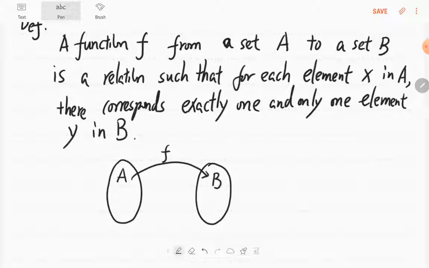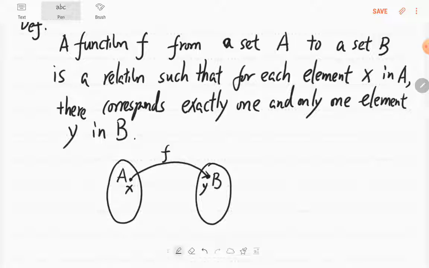This f is a relation between A and B. It will map each element x in this set A to exactly one and only one element in B. Only one element in B. So this f is called a function.